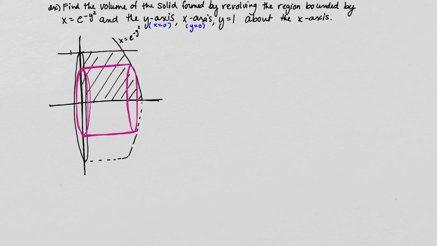So there is my random cylinder. My volume is going to be 2 pi times an integral. I have to put the radius and the height, and because I rotated this about the x-axis, I should have drawn my little rotation arrow here, we're going to be doing dy this time.